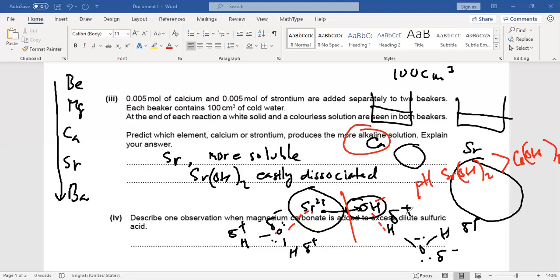As you know, the stronger the base, the easier it releases OH minus. All right. Next is maybe one more.